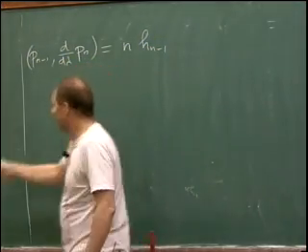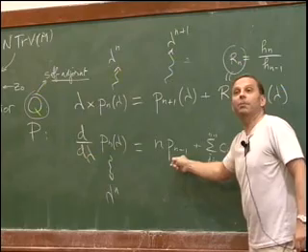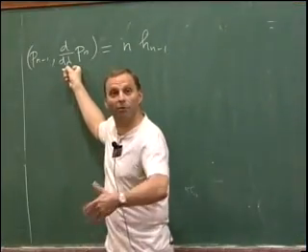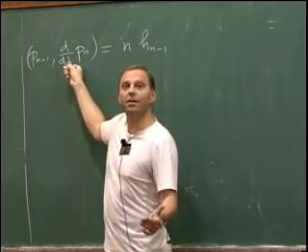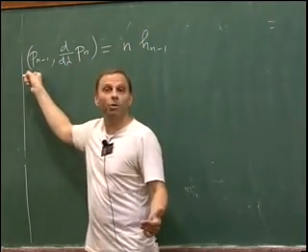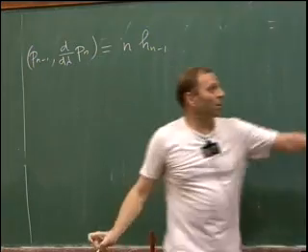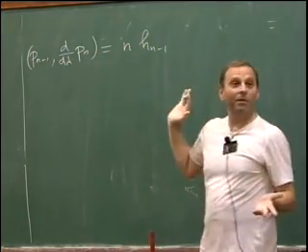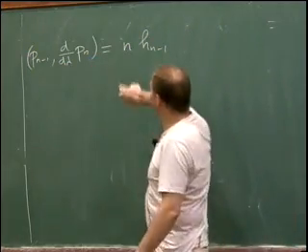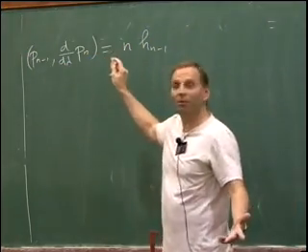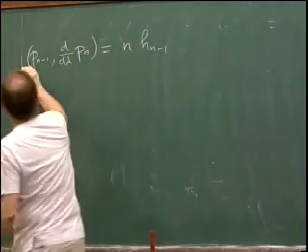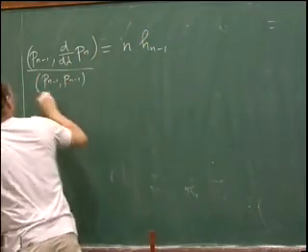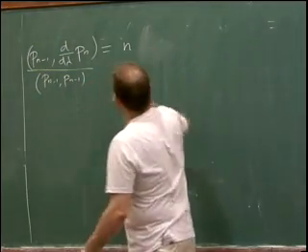But lower guys means indices strictly less than n minus 1. So I'm left with objects whose indices are strictly less than n minus 1, and therefore they are orthogonal to Pn minus 1 by this property. So this picks for me the leading coefficient. Now if I divide by Pn minus 1, Pn minus 1, this kills this Hn minus 1, and I get n.